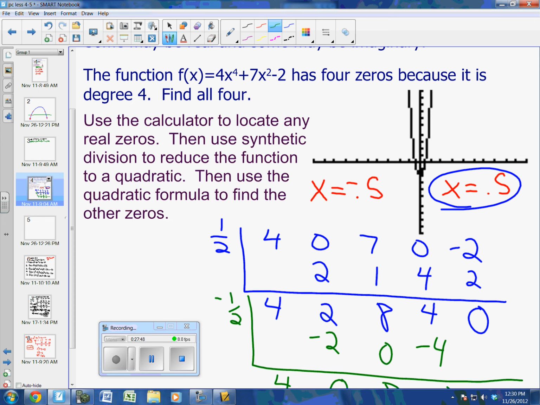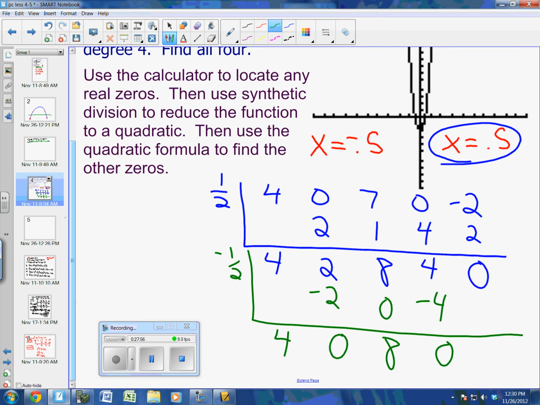And when I divided negative 1/2 into it, it reduced it to a 2nd degree polynomial, which is called a quadratic. So what is my function? Let's write it over here. 4x squared plus 8 equals 0.